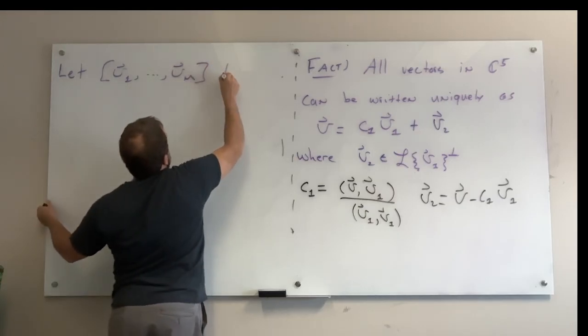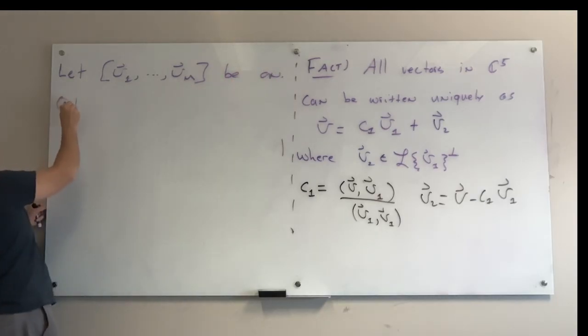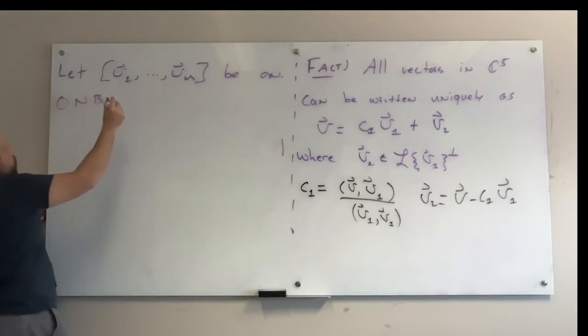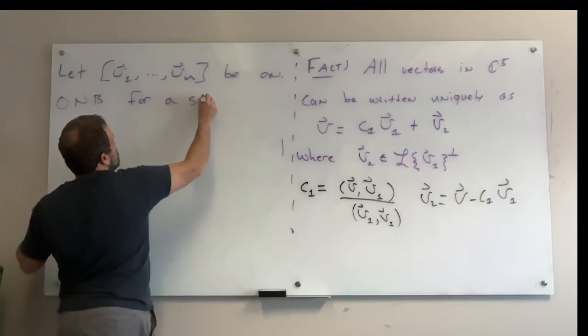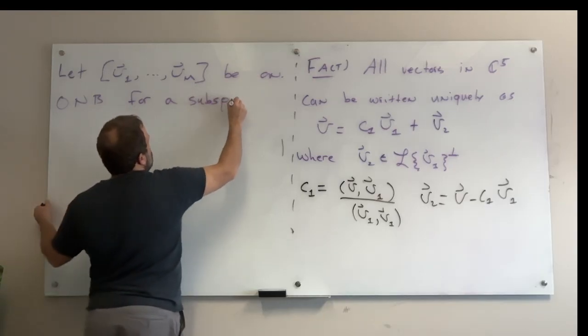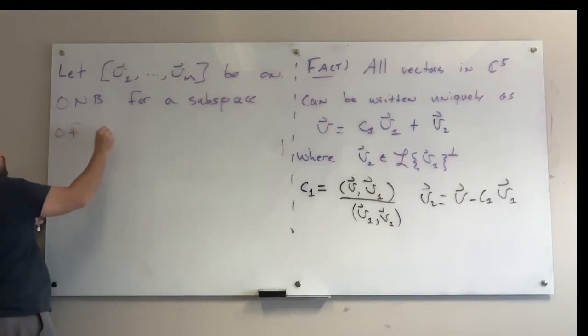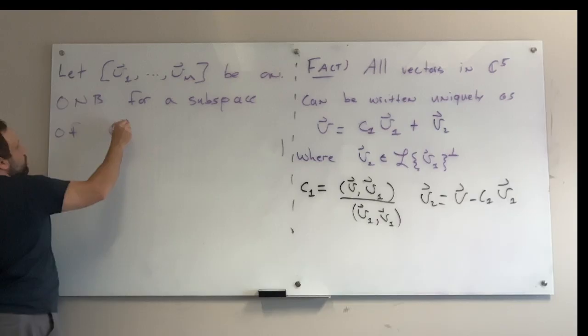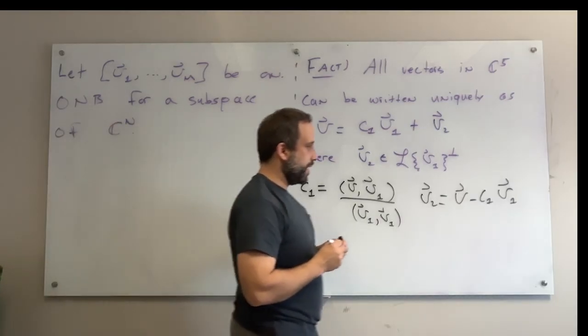Let this be an orthonormal basis, which I'm going to abbreviate as ONB, an orthonormal basis for a subspace of Cn.